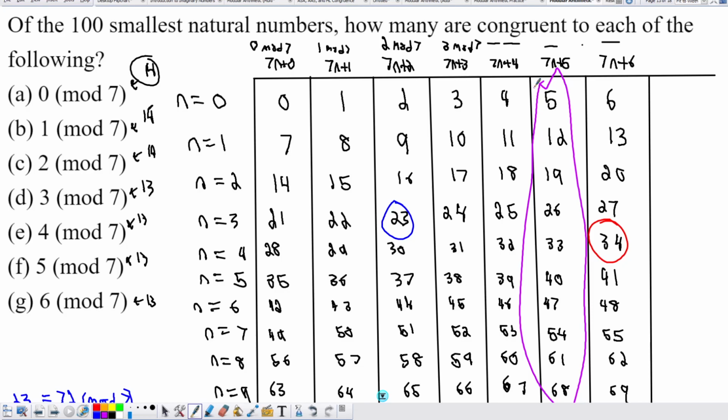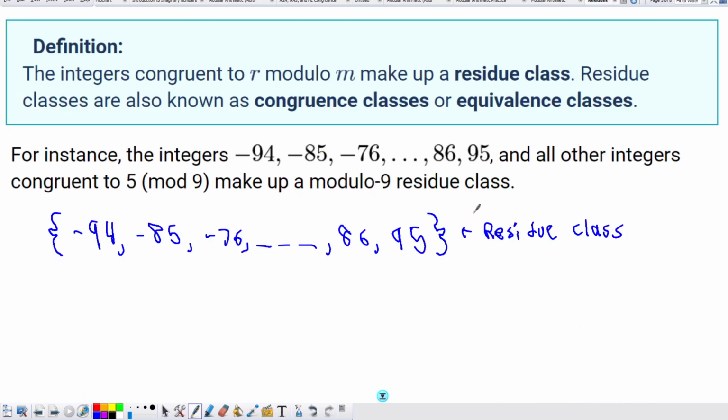And here we have the modulo 7 residue class of 1. So we've already discovered these equivalence, congruence classes, residue classes in the past. It's just now we are defining them as a special type of structure.